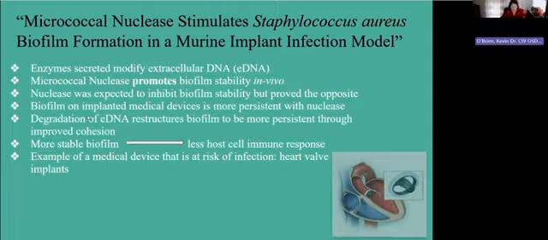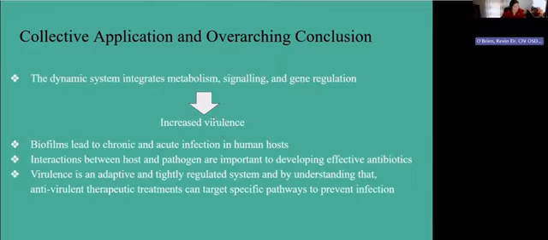Examples of medical devices at risk of infection are heart valve implants, knee replacements, or intervertebral discs, like a herniated disc replacement. Anything that's made of these biomaterials is at risk for this infection. Also, Staphylococcus is a facultative anaerobe, so it can survive just about anywhere.